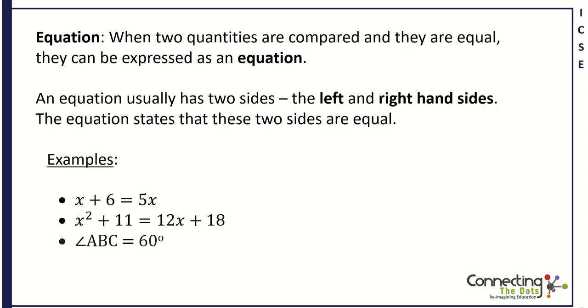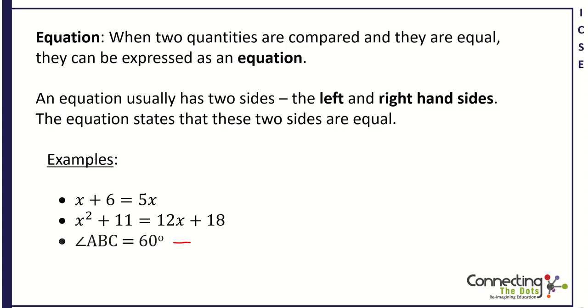That's what it means. And mathematically, here are some examples that you must be familiar with. x plus 6 is equal to 5x. This is an equation which has a variable x. There is a left side of the equation, a right side of the equation, and the two sides are equal. They don't have to be all algebraic examples.